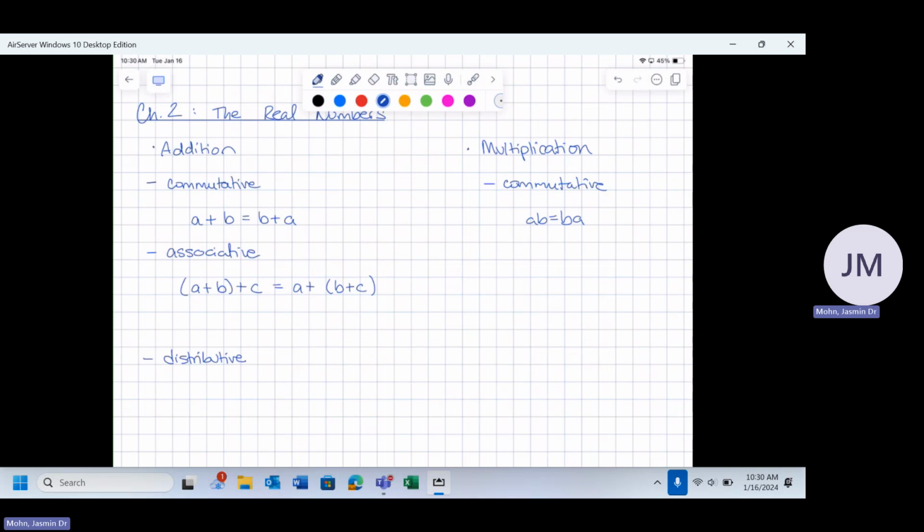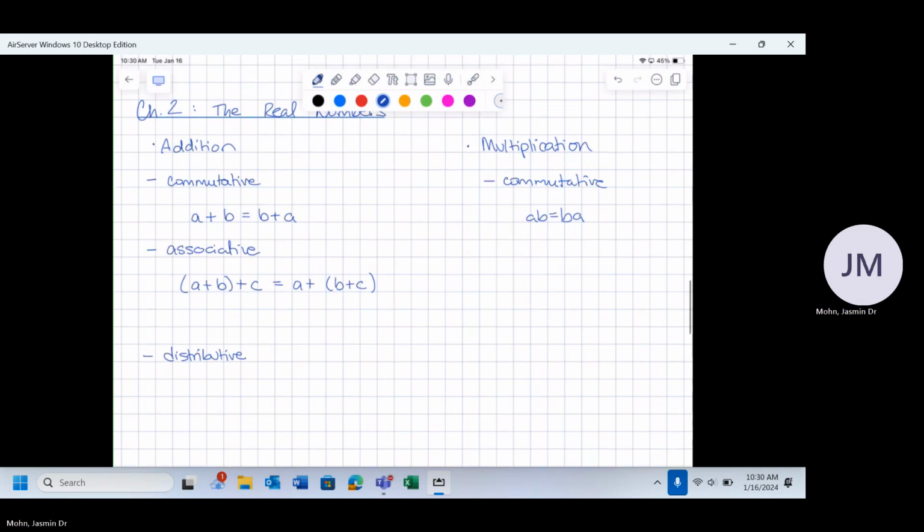So adding the first two together and then adding the next one is the same as adding the last two together and then adding the first. And we have the same thing for multiplication. So (A times B) times C is the same thing as A times (B times C).